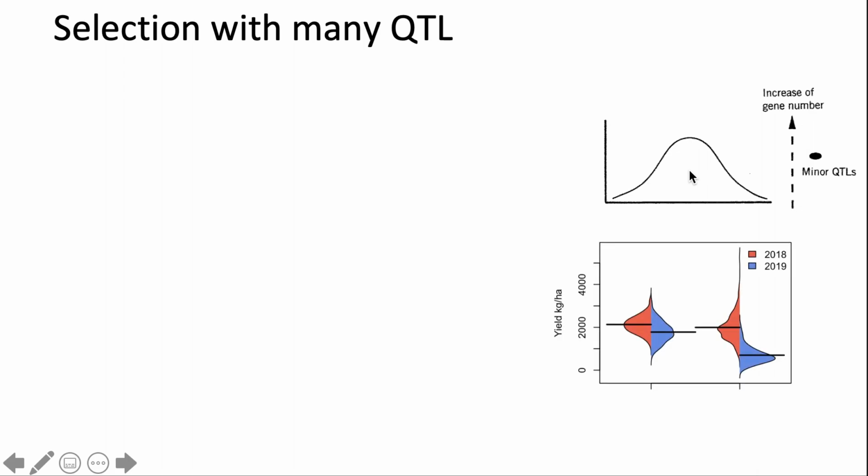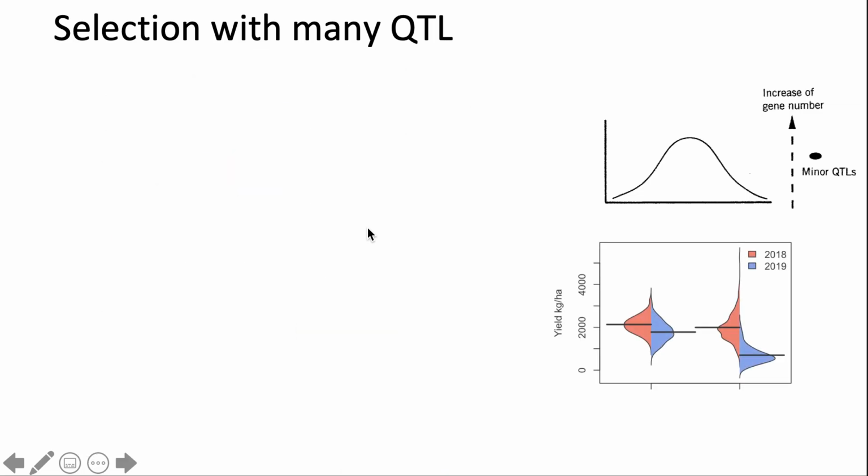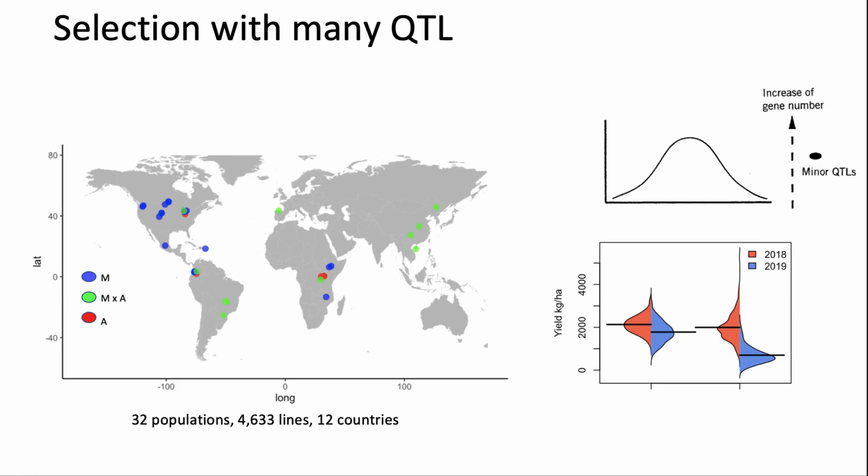And that is the case of mineral concentration, where I just told you we have identified more than 100 QTLs. But yield is, I think, more complex than mineral concentration.